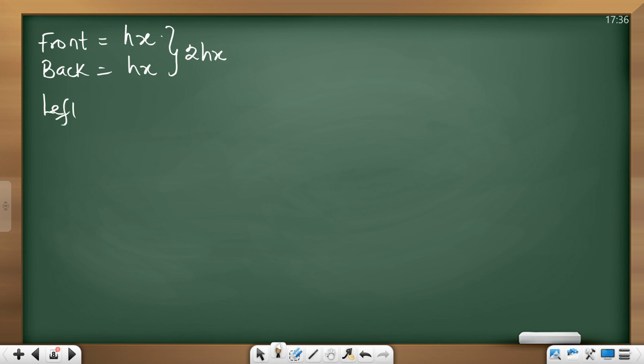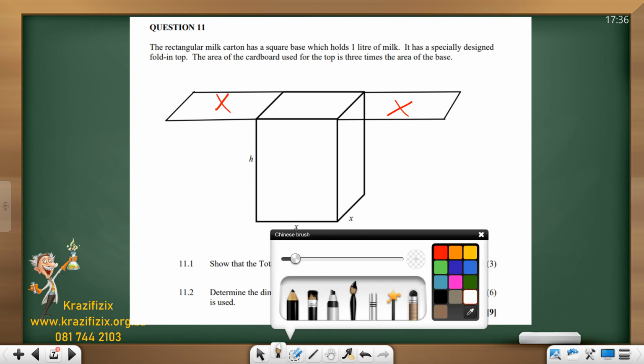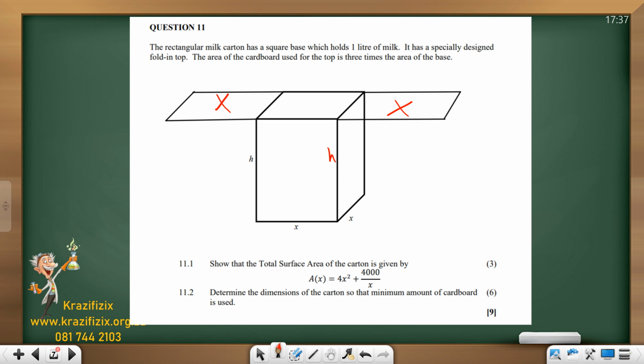What about the left? Can I just combine left and right now? Because we know it's going to be 2 times. That make sense? Okay, let's see. Left, the side. This is H and this is what? X. Together? Length times breadth will give me what?